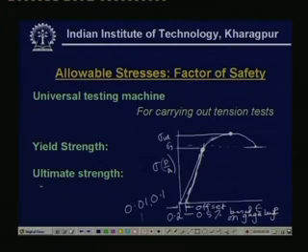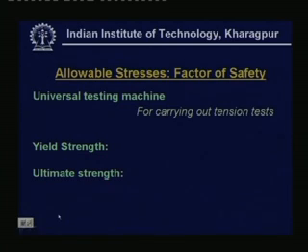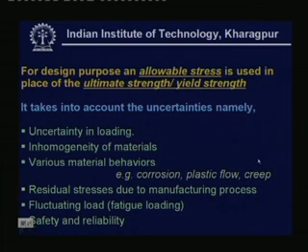Now, what was the idea is that we can find out the yield strength and ultimate strength by such experiments. Now, when we have done this type of experiments, then what we get is that for design purpose an allowable stress is used in place of the ultimate strength or the yield strength.